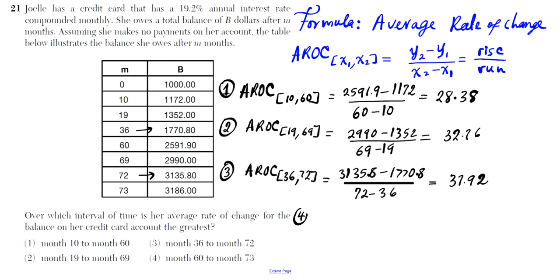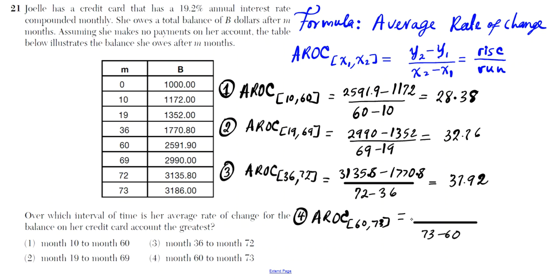Option 4, you're looking for the average rate of change from month 60 to 73. So there goes our x1 and x2. We'll start by finding our run, which is the difference in the x's, x2 minus x1.